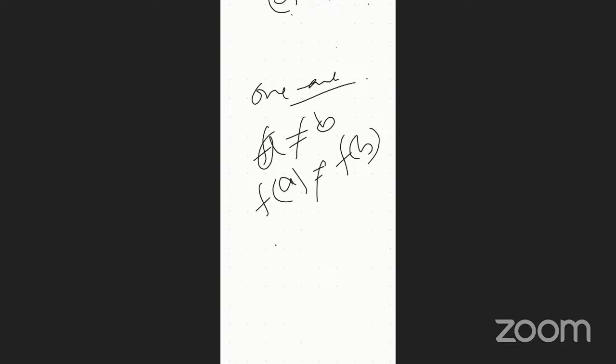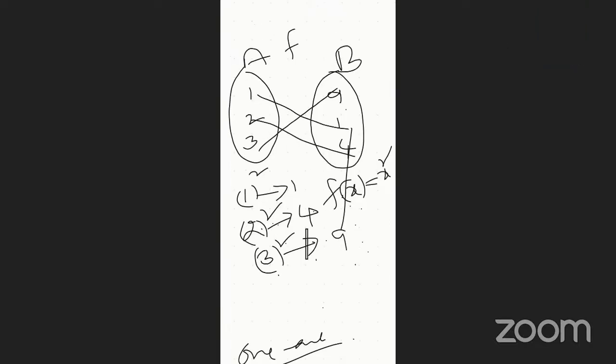Now see, 1 is not equal to 2, and their images are also not equal. The image of 1 is 1 and the image of 2 is 4. So we can say that this function is called a one-one function.